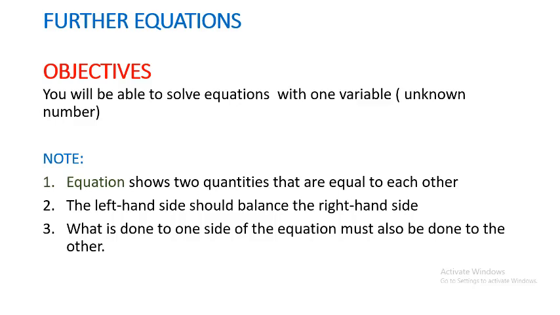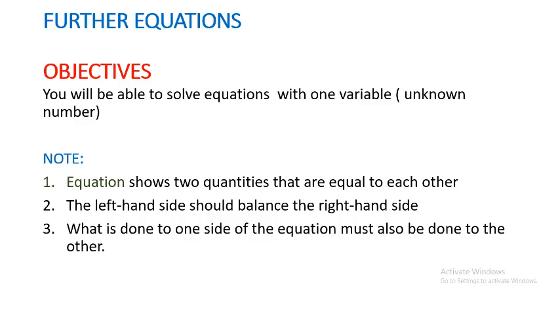For example, suppose you have a scale and on the right hand side you have 50 kg of maize, and on the left hand side you have 50 kg of fertilizer. So for you to keep this scale balanced, you need to make sure that whatever you are going to do on the right hand side should also be done on the left hand side.